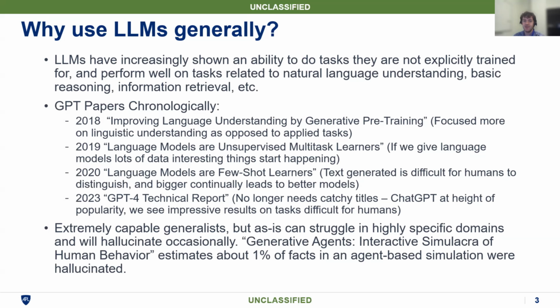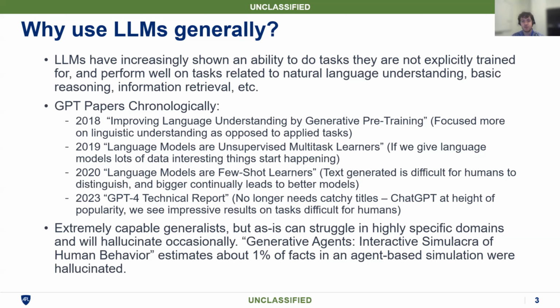And we see a stark difference between the papers from 2018 through 2020, which are very academically focused, and the GPT-4 technical report, which is increasingly vague in implementation details. It has no need for catchy titles, but it was still one of the most anticipated papers because ChatGPT was at the height of its popularity, and they had been hyping up, okay, what's next after ChatGPT? What's their next big model?